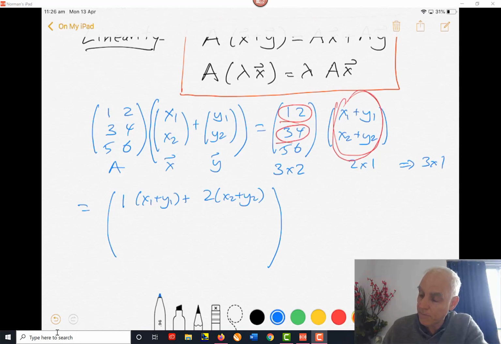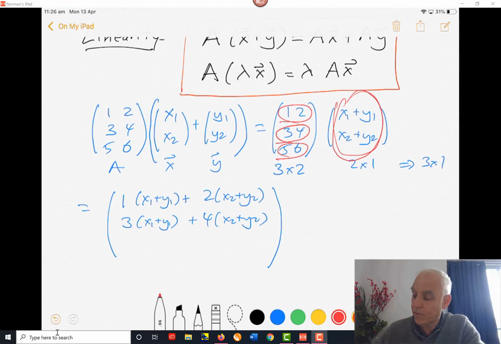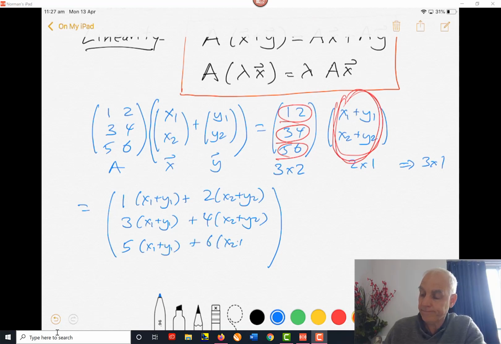So that will be 3 times (x1 plus y1) plus 4 times (x2 plus y2). And the third entry is obtained by taking the third row by the same column, and that's 5 times (x1 plus y1) plus 6 times (x2 plus y2).